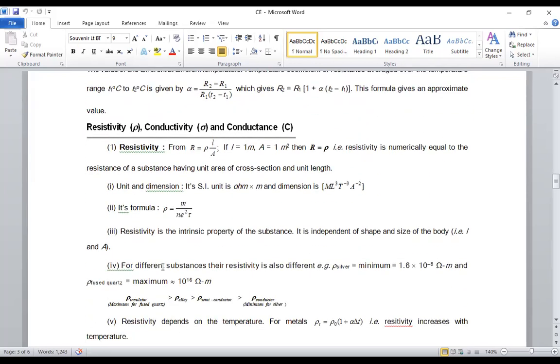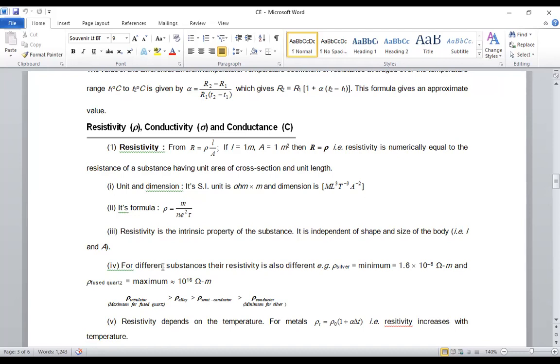Next is resistivity. As you all know, resistivity is going to be based on the nature of the material. The SI unit of resistivity is ohm meter. The formula will be rho is equal to RA by L. That's the general formula. In terms of relaxation time, you have already studied about relaxation time.